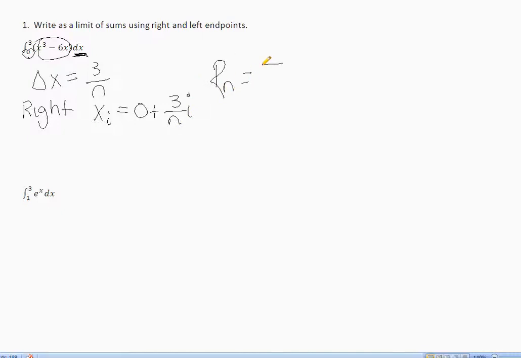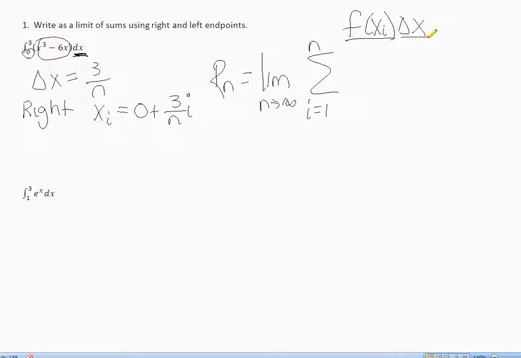It would be the limit as n goes to infinity of the sum from 1 to n of f of x sub i times delta x. This is your height, this is your width.